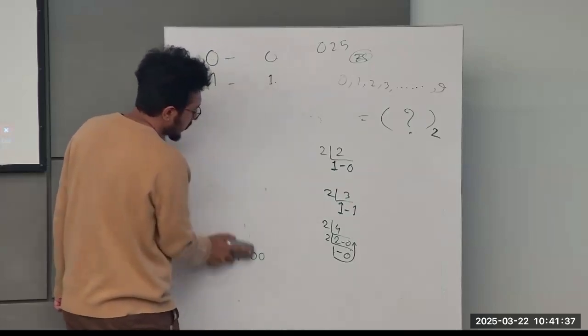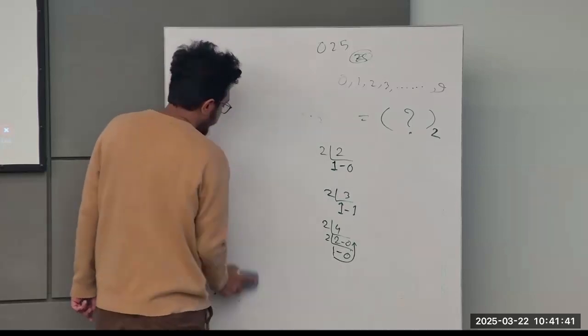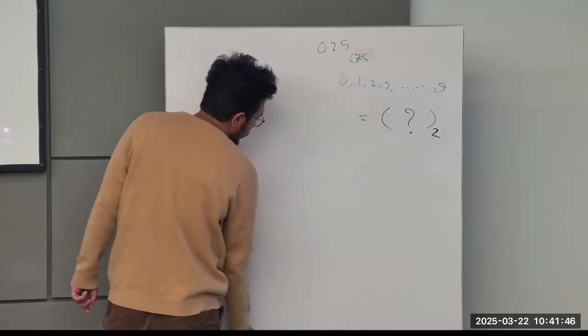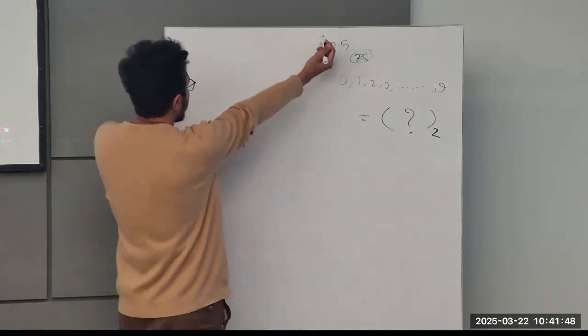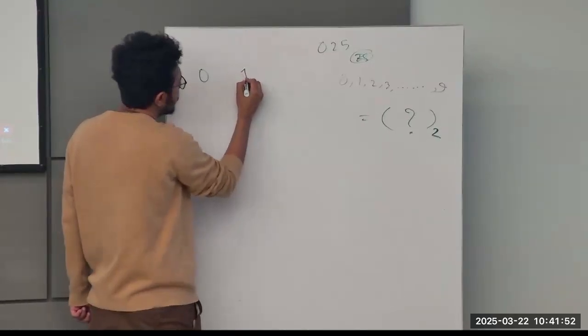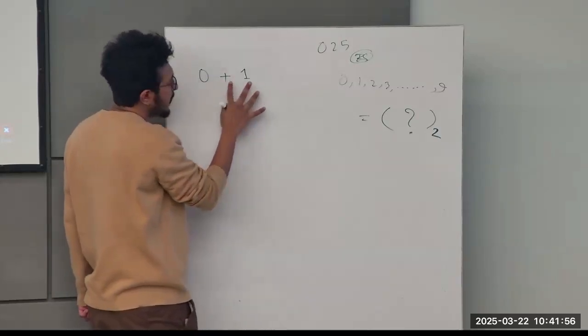Let me actually tell you how we can do the addition. So for example, think about it, if I add 0 and 1, think about 0 and 1 in binary.